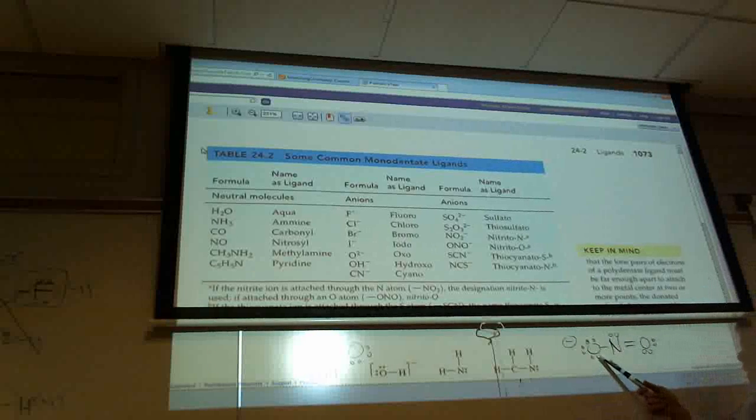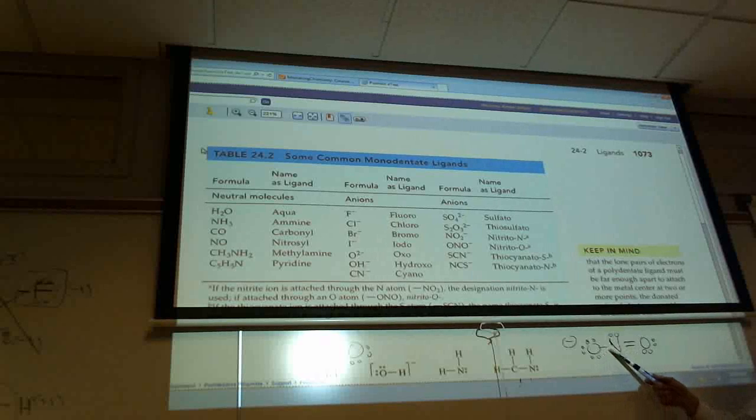Could this be a bidentate ligand? Do you think we could have both these oxygens bind? No. What would the problem with having both these oxygens bind be? One is sp3, the other one is sp2. But this nitrogen's sp2, so this is angled like this, so both can come in.